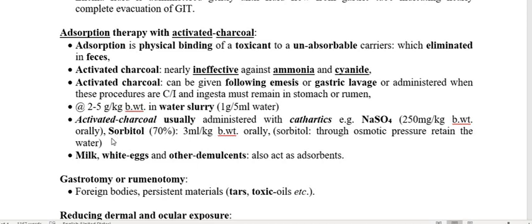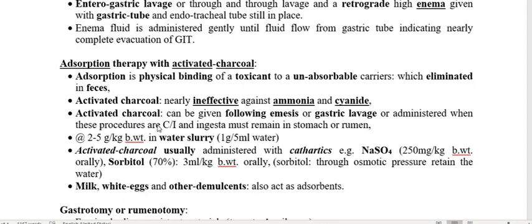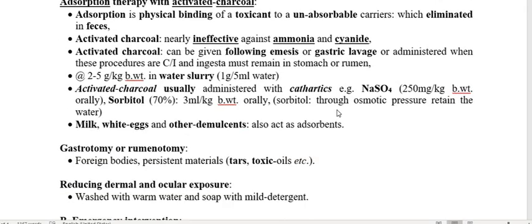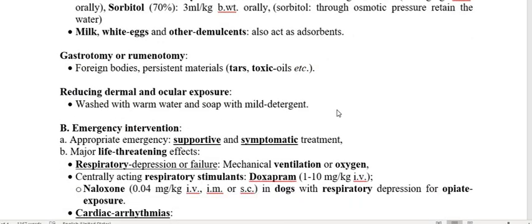Other adsorbents commonly available in the house are milk, egg whites, and other demulcents that we can give. So under adsorption therapy we give activated charcoal, but it is ineffective in poisoning due to ammonia and cyanide.